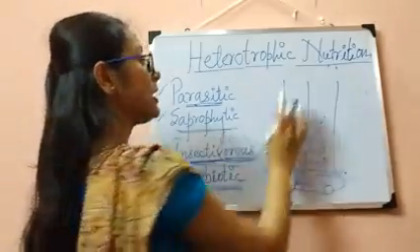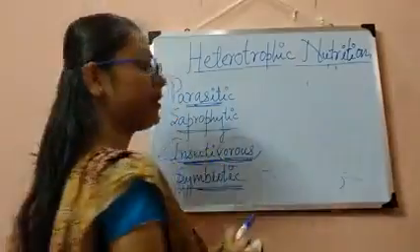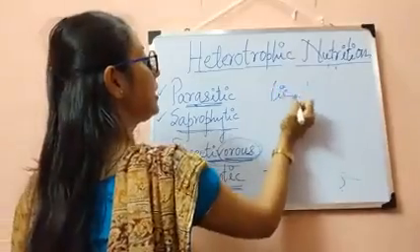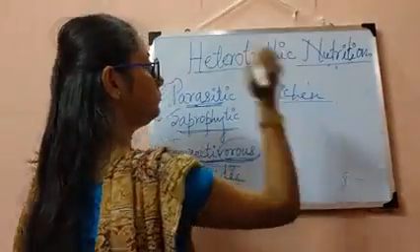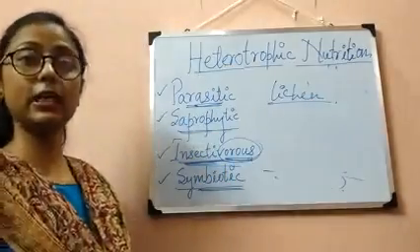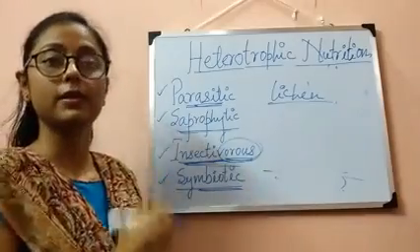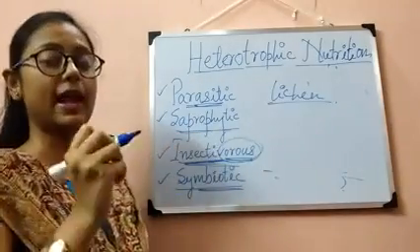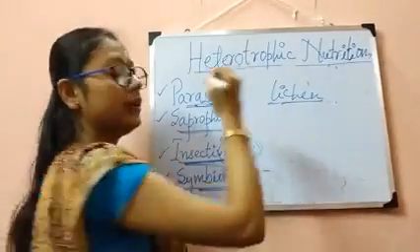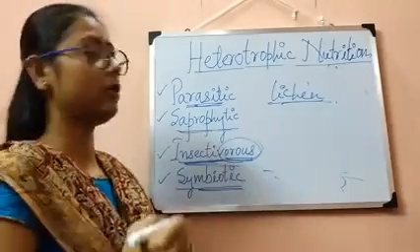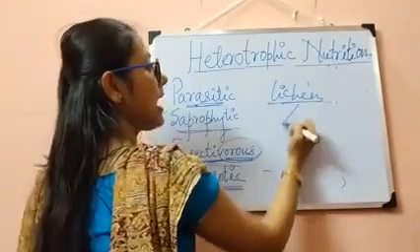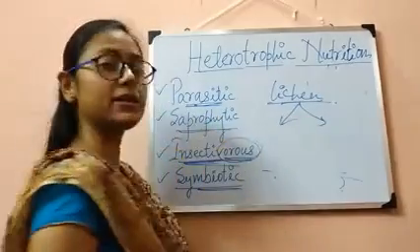A very common example of a symbiotic relationship in our environment is lichen. Have you seen lichen on large trees? The stem portion of large trees contains this kind of lichen, a heterotrophic organism. Lichen has two different associations.